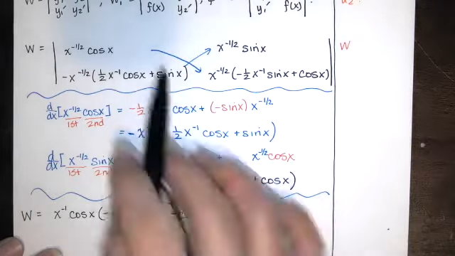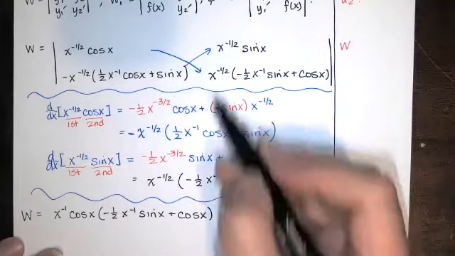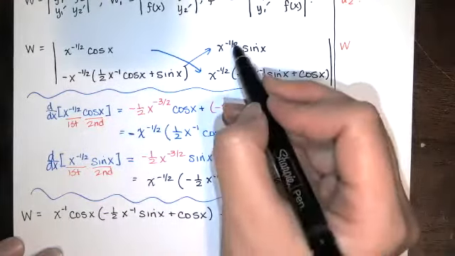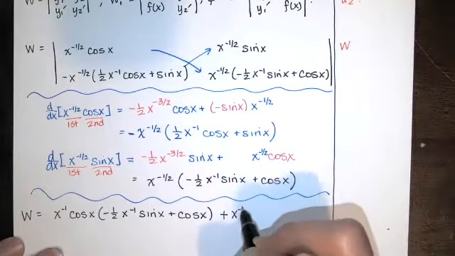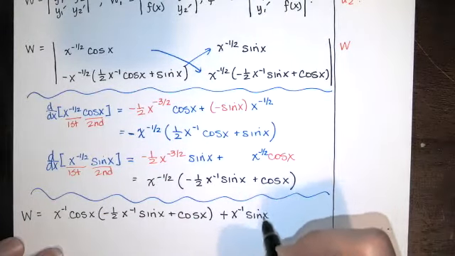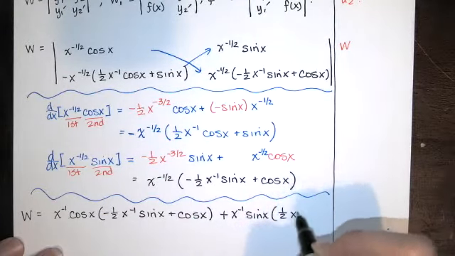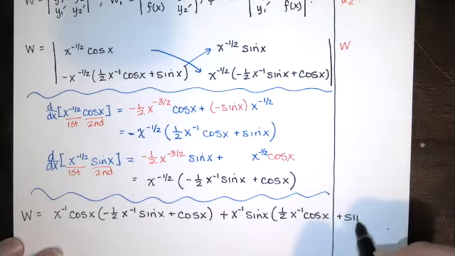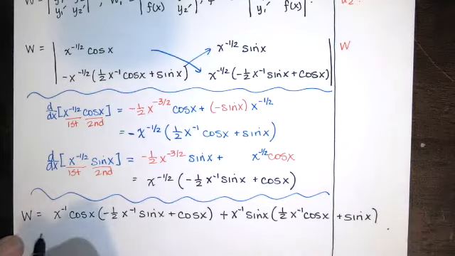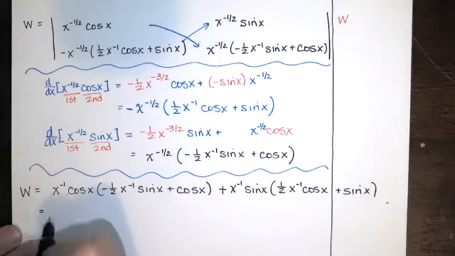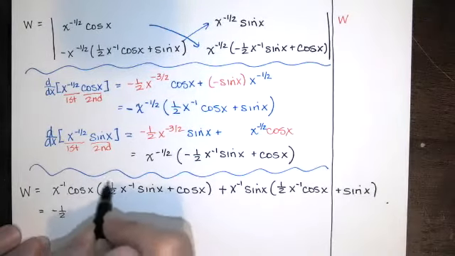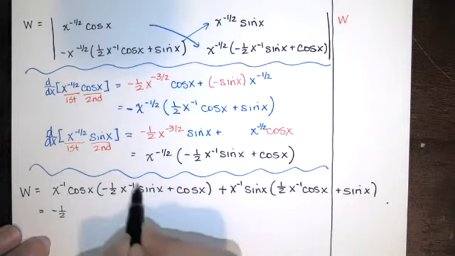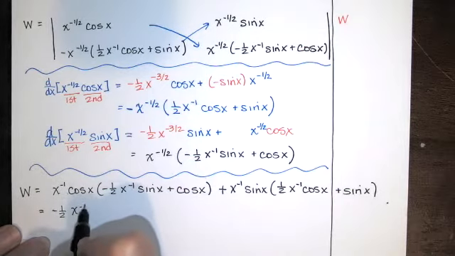And we're subtracting a negative, so we're going to add this times this. X to the negative 1/2 times x to the negative 1/2 is x to the negative 1 times sine of x times all of this. And distribute now, hoping that we'll have some cancellations. Negative 1/2 comes down. X to the negative 1 times x to the negative 1 is x to the negative 2.